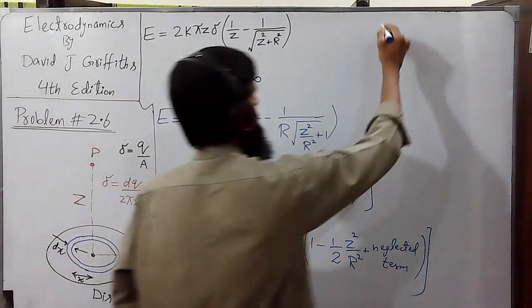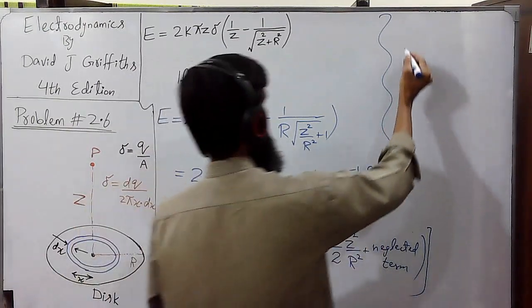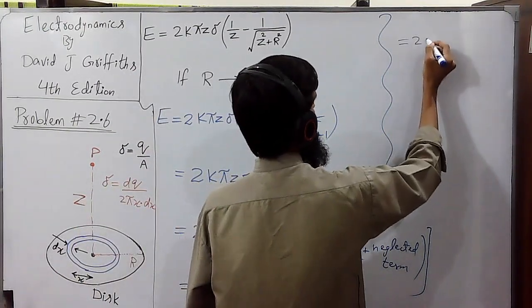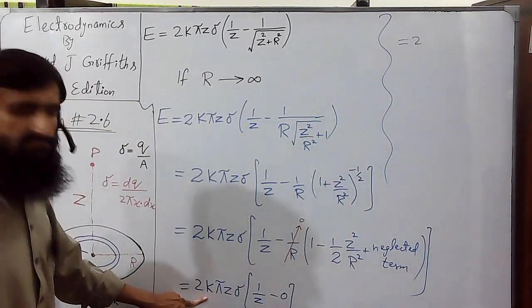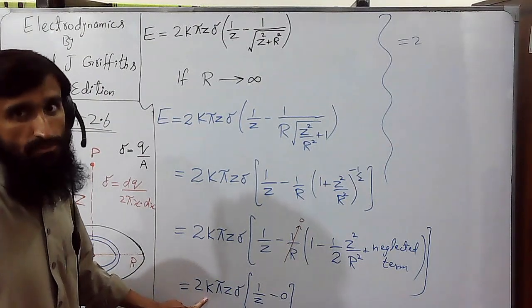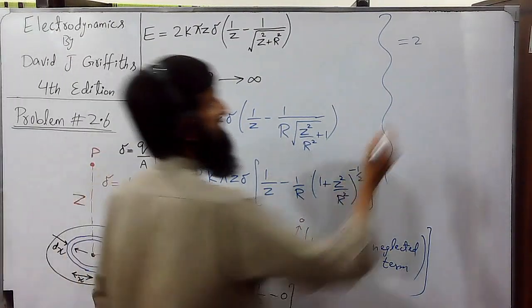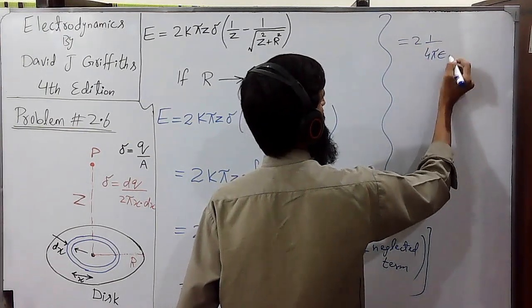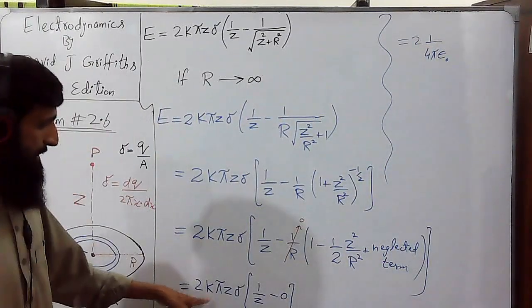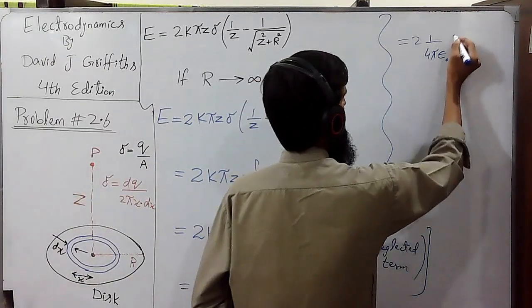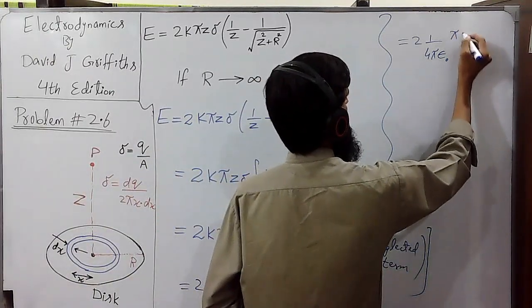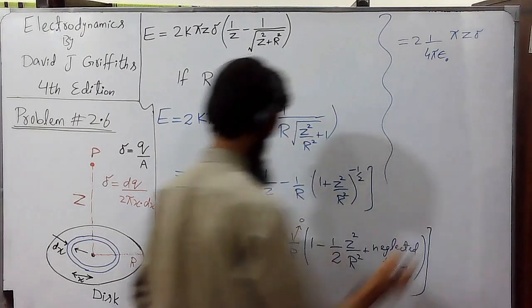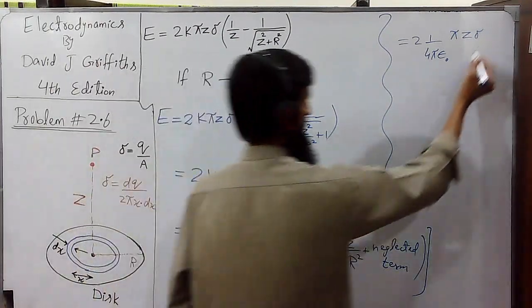Now in the next step it becomes 2, and this k, we know it's Coulomb's constant, so it is 1 by 4 pi epsilon naught. Pi z sigma, and now finally 1 by z.